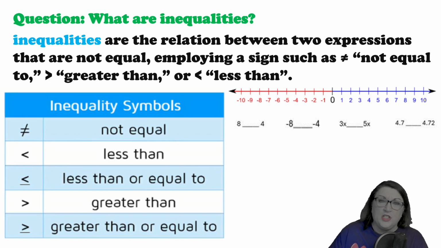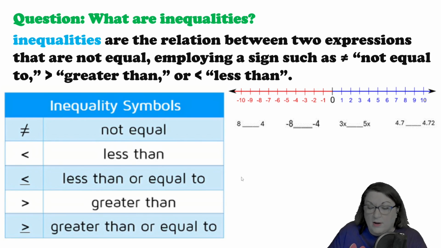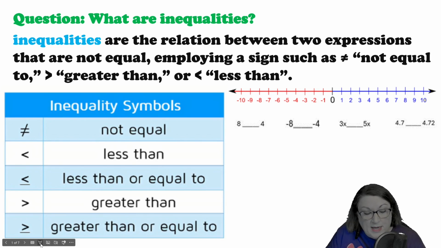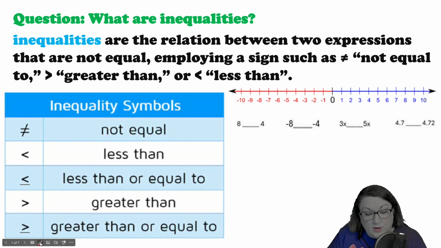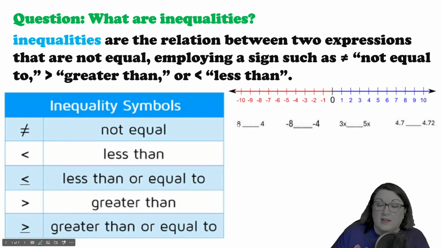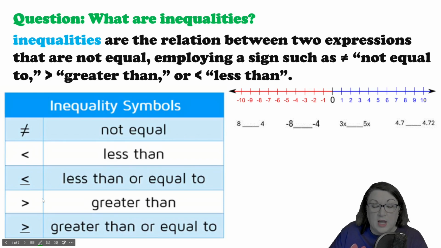Okay, so let's do just a couple of them so you can understand a little bit about what we're talking about here. Let's pull our pen out here. Actually, let me use green so it'll stick out a little bit. There we go. Okay, so 8 is clearly bigger or greater than 4. So we need to use the greater than symbol right here.